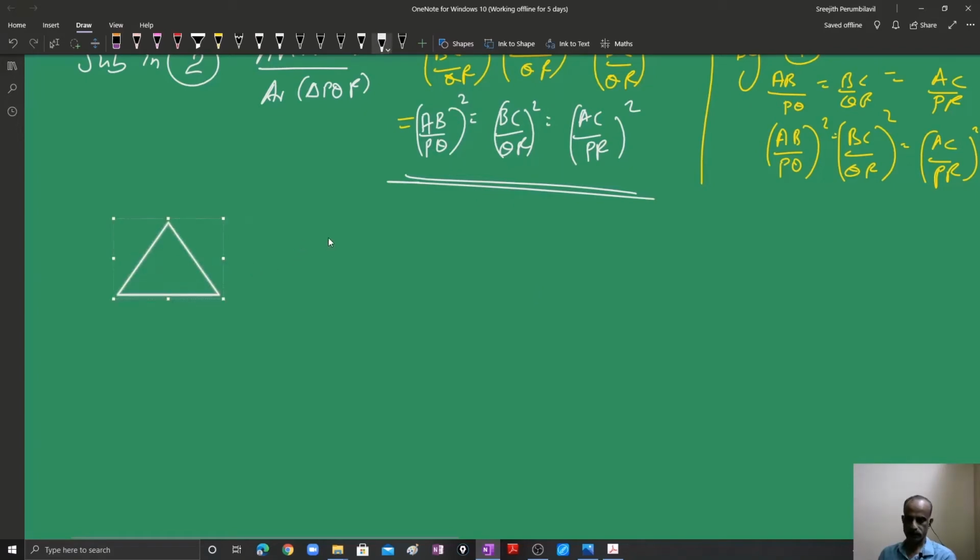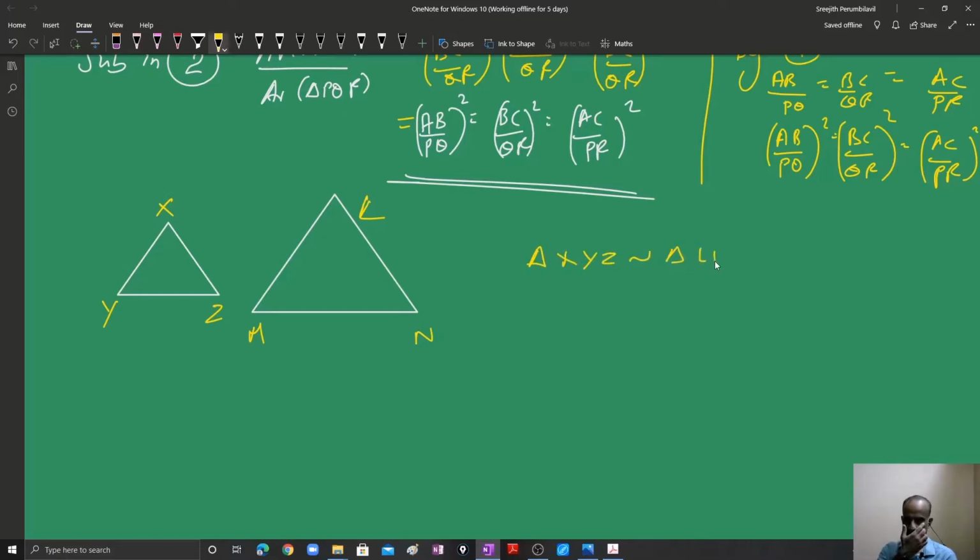Triangle XYZ and LMN. Triangle XYZ is similar to triangle LMN.